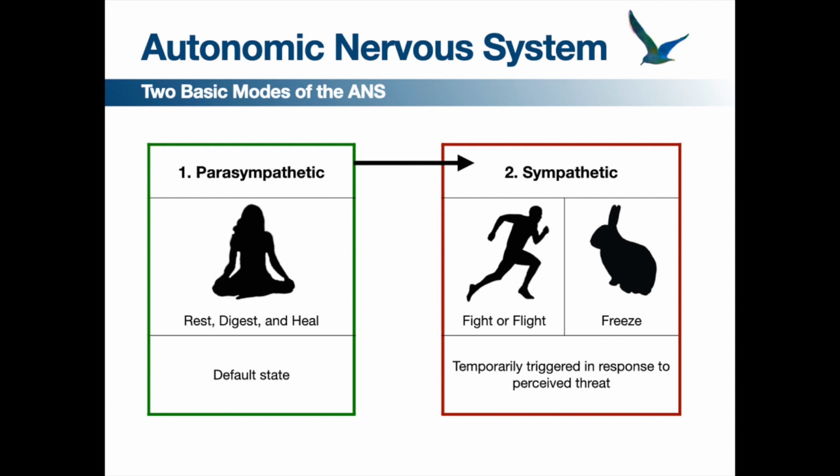When the brain perceives a threat, a flood of chemical responses occur automatically and instantly. And the sympathetic mode, also known as fight, flight, or freeze, switches on. As soon as the threatening situation is resolved, the ANS is supposed to revert to parasympathetic function.